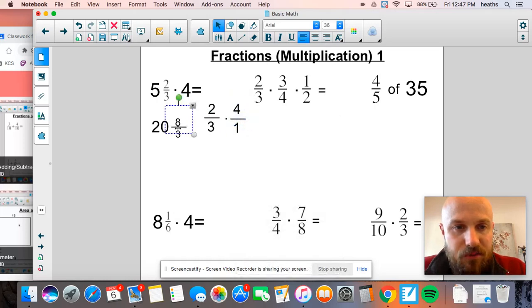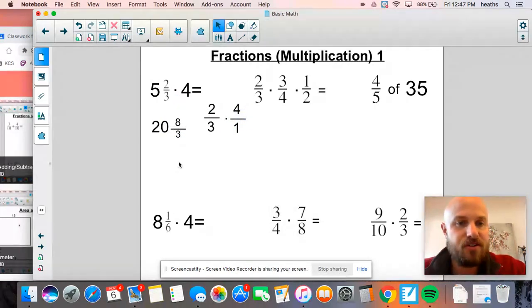Now, I am fully aware that our answer, 20 8/3, we could simplify, or we could take that improper fraction and pull some out to make it so the top number, 8, is not larger than the bottom number, 3. That's something we're going to focus on a lot more in the future.